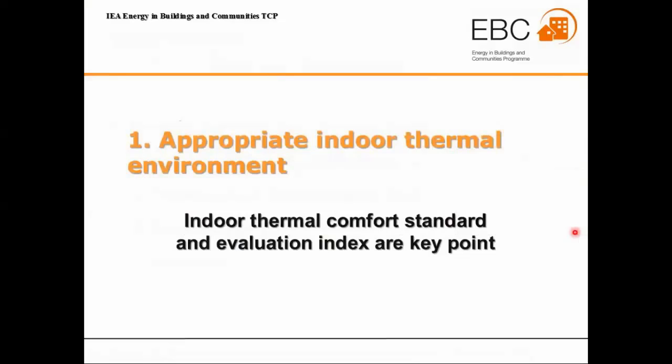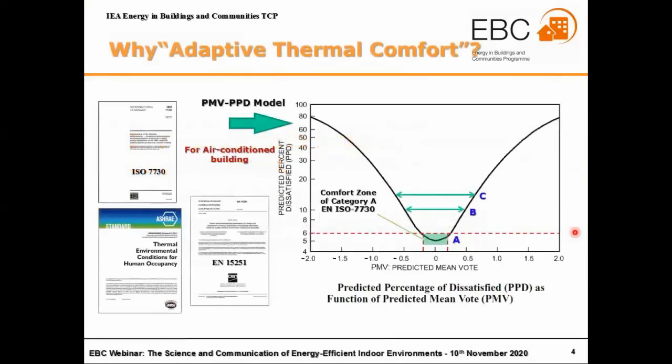But now in the world, for air conditioning buildings, the standard we all use to evaluate the indoor thermal environment is the PMV and PPD index. According to the PMV and PPD index, a narrower control band for the indoor thermal environment means a better indoor environment.